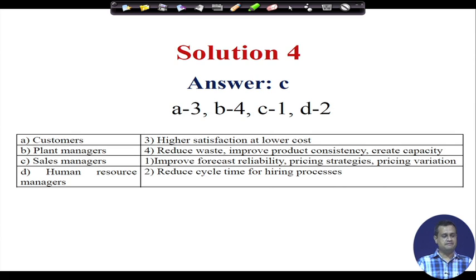B, plant managers, is related with 4, reduce waste, improve product consistency, create capacity. C, sales managers, improve forecast reliability, pricing strategies, pricing variations, and D, human resource managers, they are always interested in reducing cycle time for hiring processes.